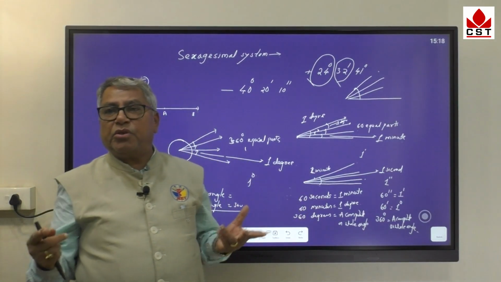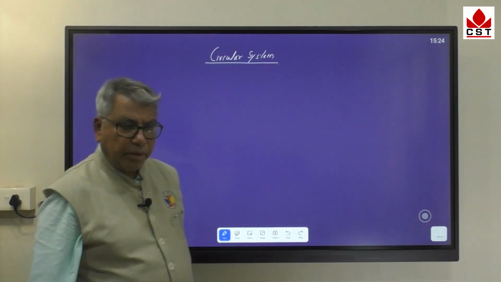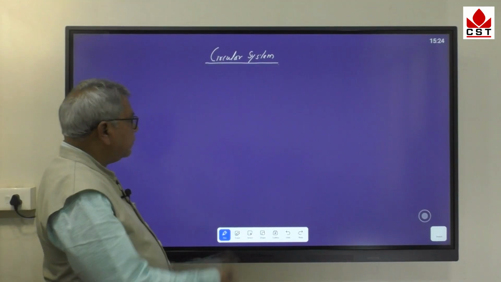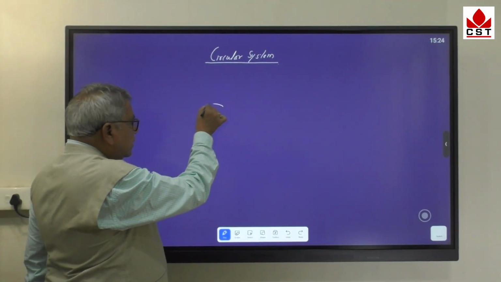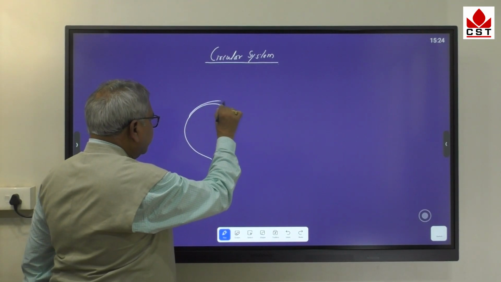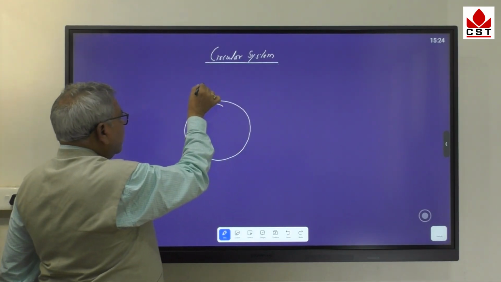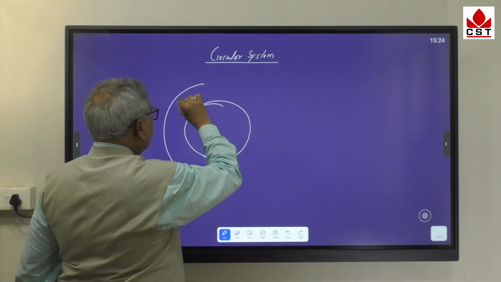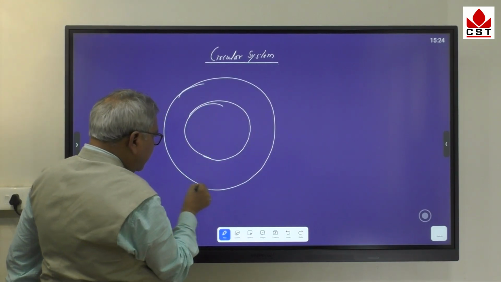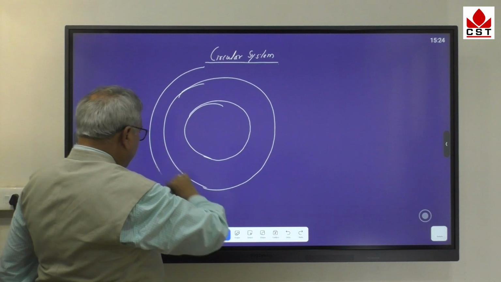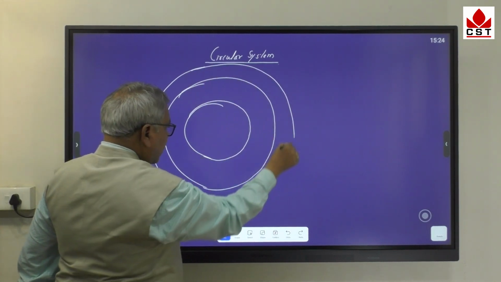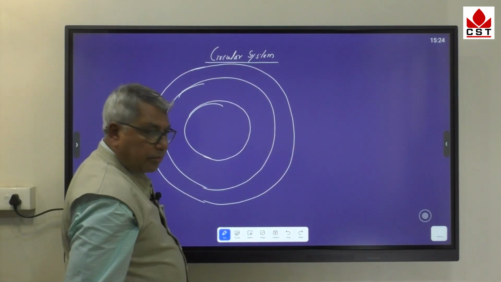Now, the second system is called the circular system. It is observed that a circle is drawn here. So many circles are drawn.